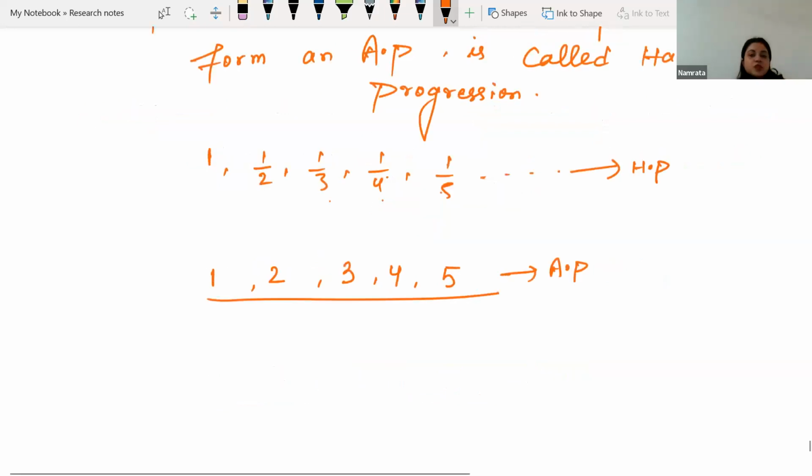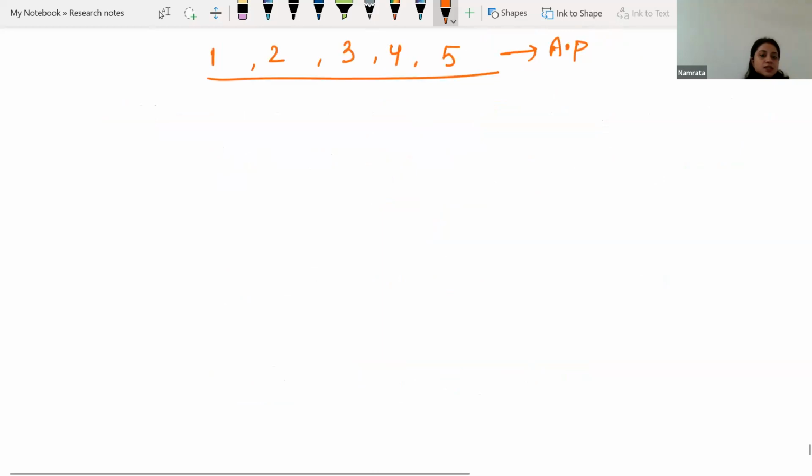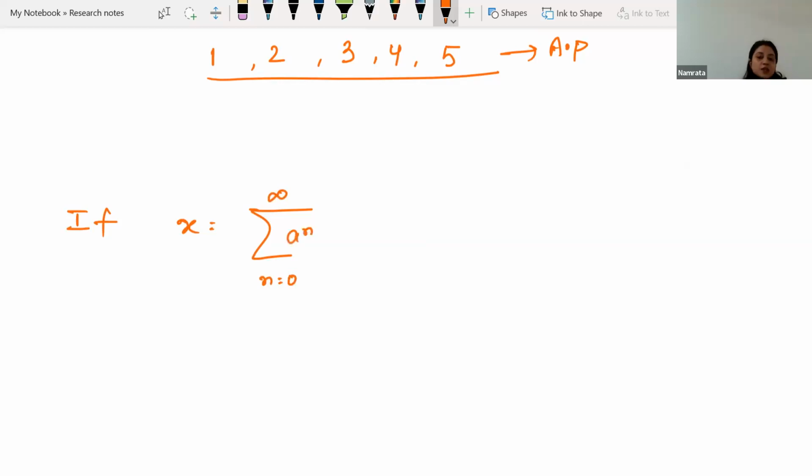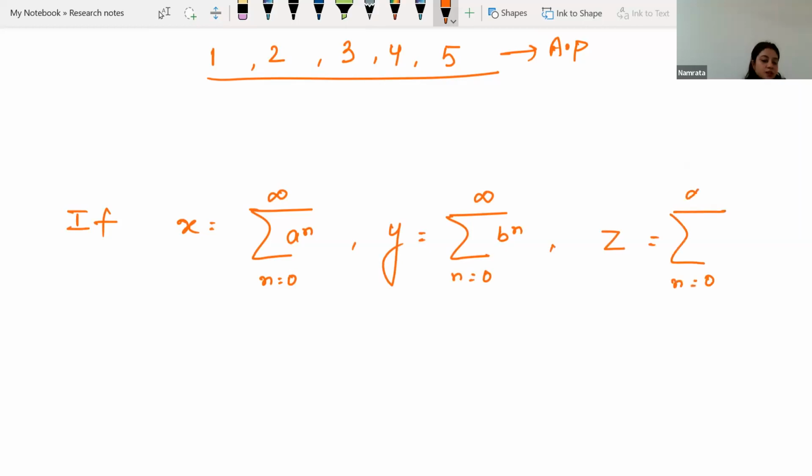So we have one question which says: if x is equal to the summation of a to the power n, n from 0 to infinity. Please don't worry with the summation thing, I am going to explain it. y is equal to the summation of b to the power n, n from 0 to infinity, and z is equal to the summation of c to the power n, n from 0 to infinity.